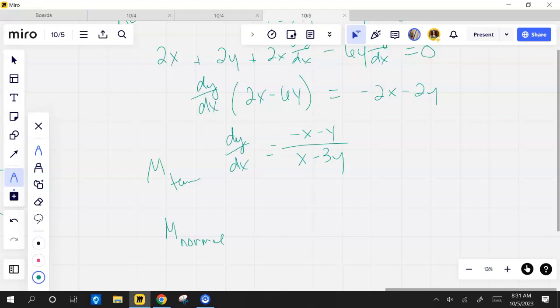So the slope of the normal line is going to be, I'm just going to do this and see. I just flipped and I put a negative outside.